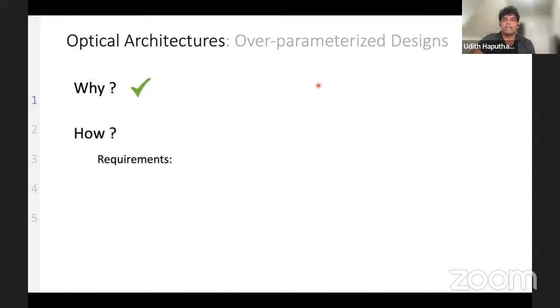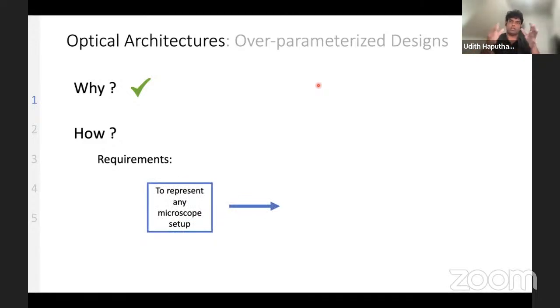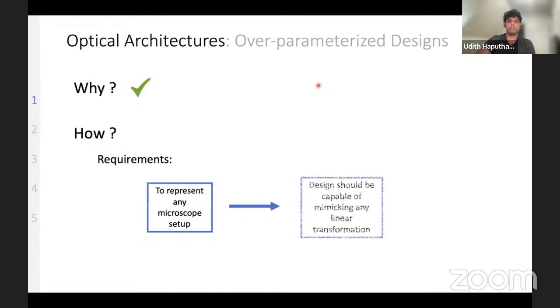There is a major requirement to come up with a better parameterization method. Our parameterized optical design should be able to model any microscope out there.